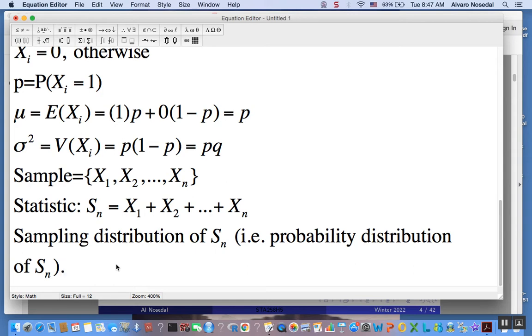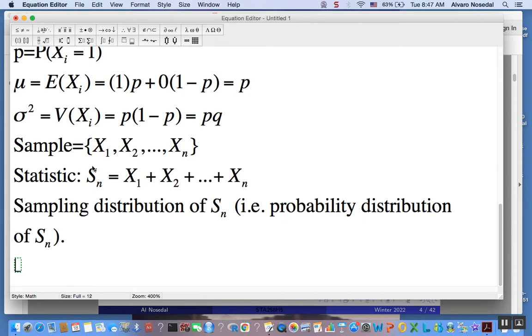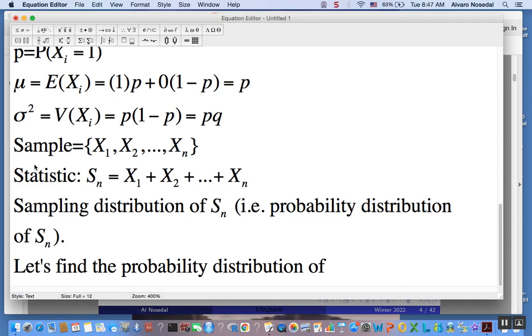The fastest way to show that would be using the MGF approach. So let me find the MGF of Sn and see if I am right, if the probability distribution of Sn is binomial. Okay, so let's do that. Let's find the probability distribution of Sn.